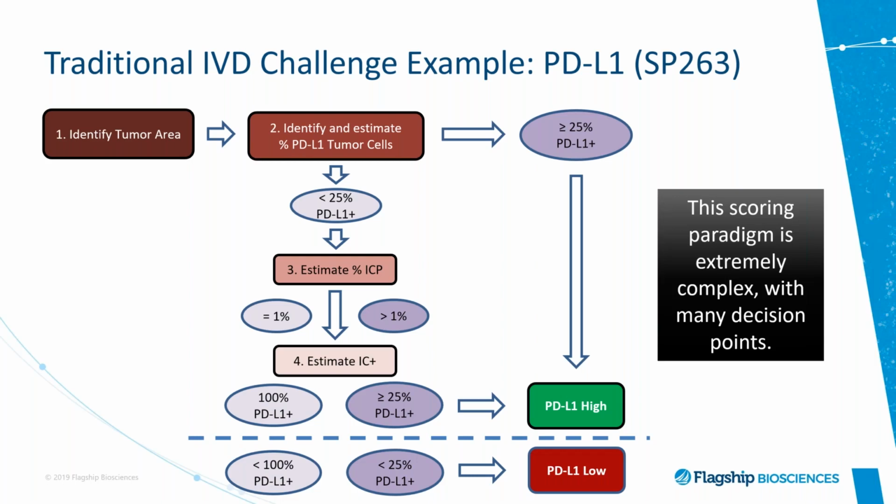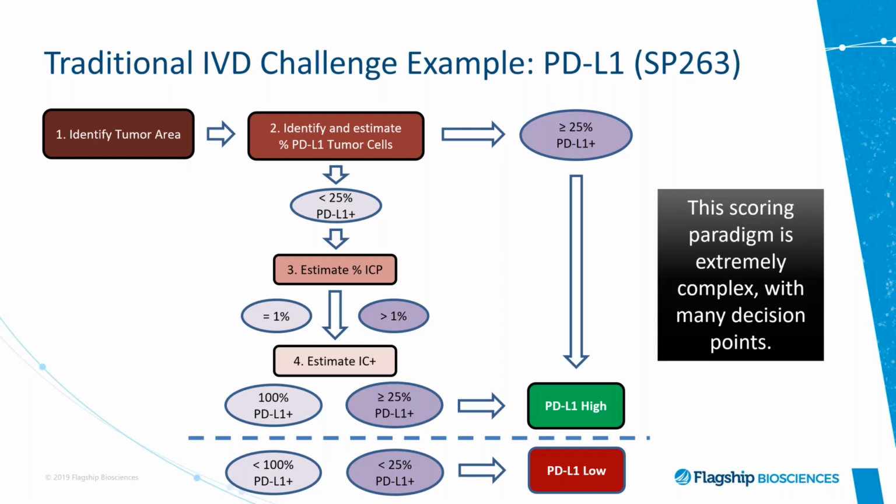However, it gets more complicated because there is another way to reach the status of PD-L1 high, which goes by the estimation of the ICP and the estimation of the IC, i.e. the percentage of tumor occupied by immune cells and the percentage of immune cells positive for PD-L1. And this is again another alternative pathway to reach PD-L1 high.